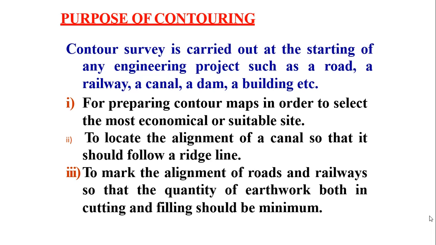Number two, to locate the alignment of a canal so that it should follow a ridge line. Number three is to mark the alignment of roads as well as railways so that the quantity of earthwork, both in cutting and filling, should be minimum. These are some of the purposes because of which we perform contouring.